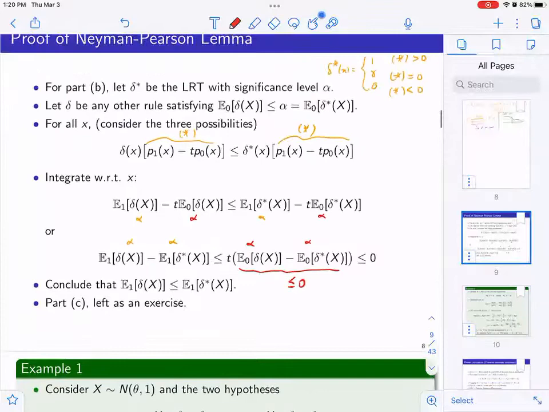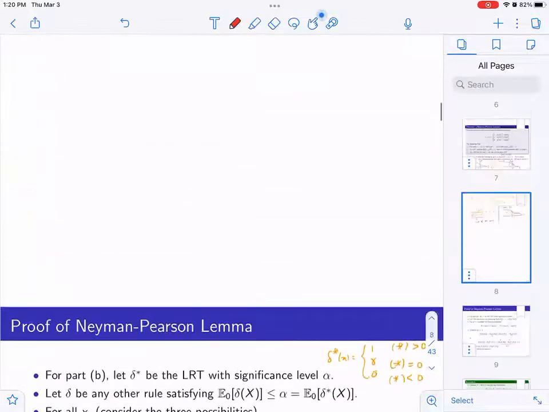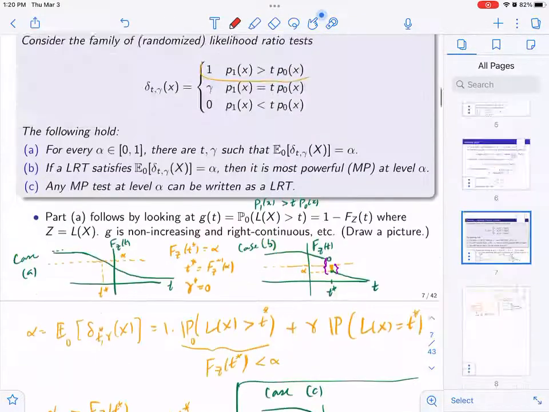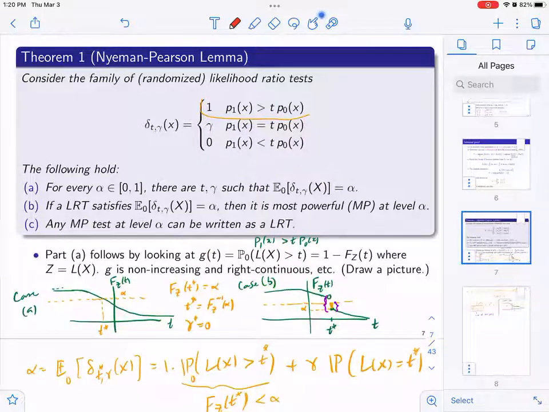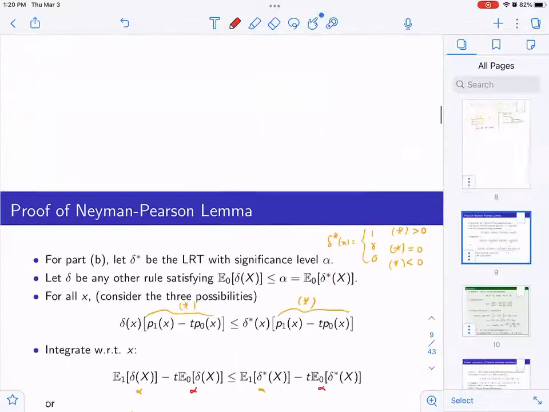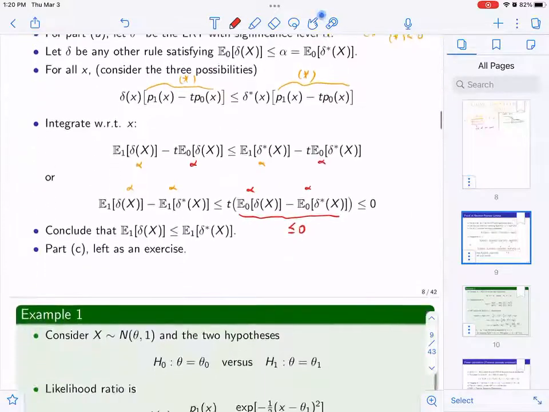Any questions about the Neyman-Pearson lemma, the proof? I'm not proving the last part. You're welcome to consult Keener or some other book. We're going to focus on likelihood ratio tests.